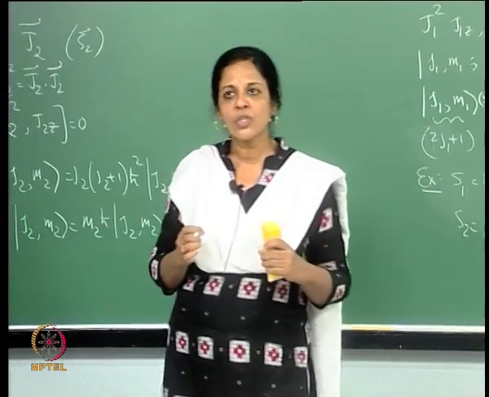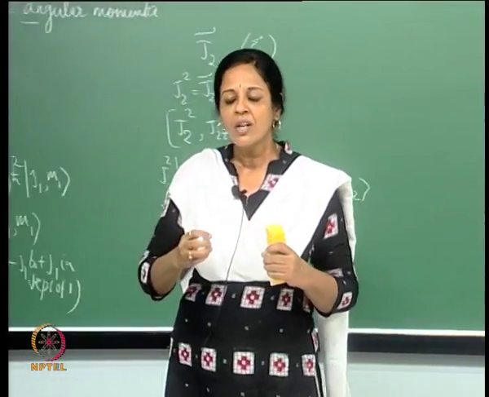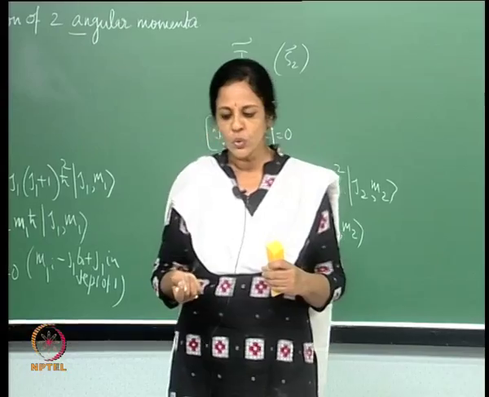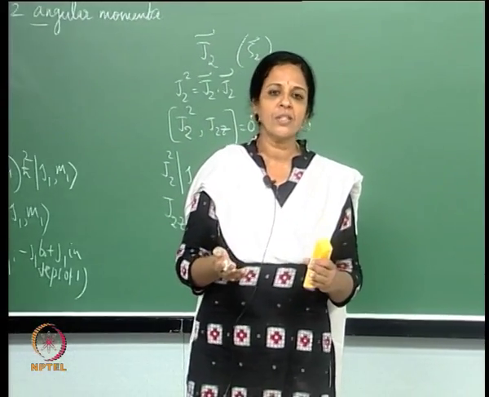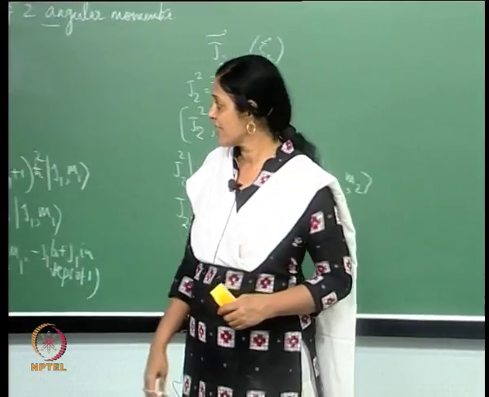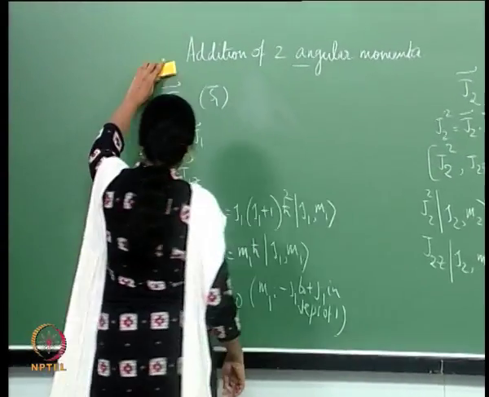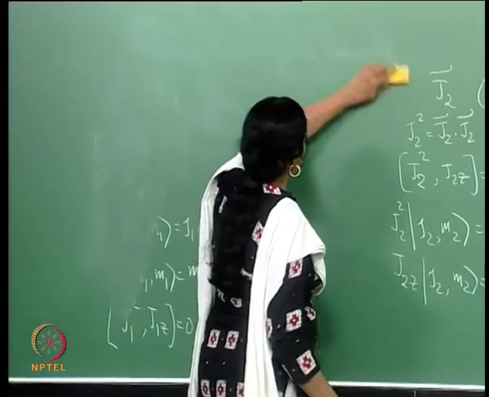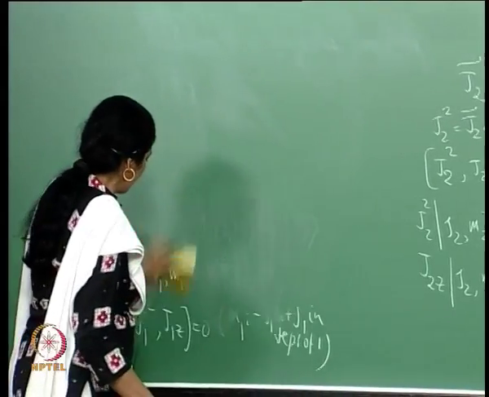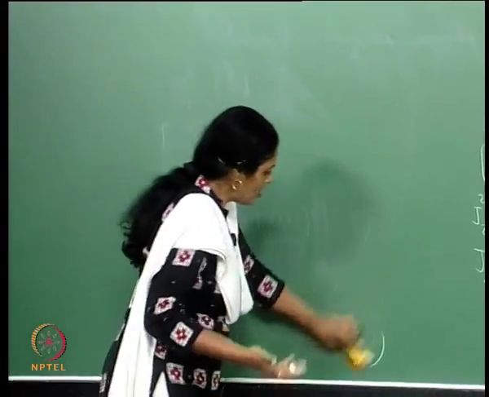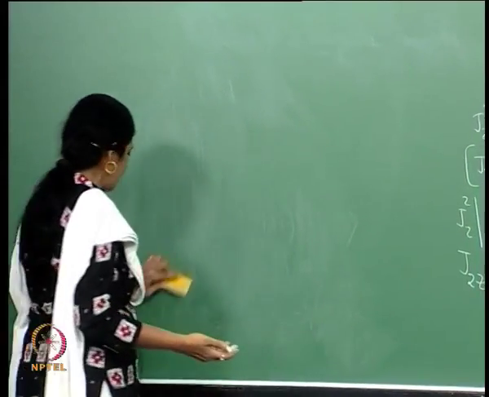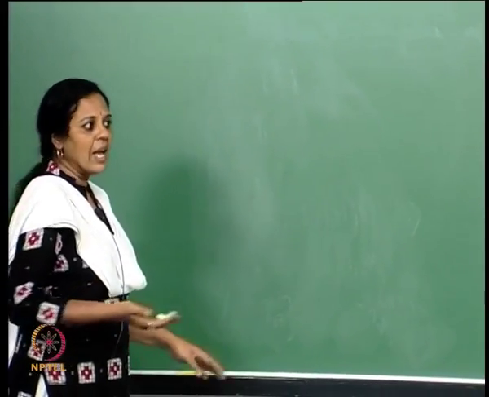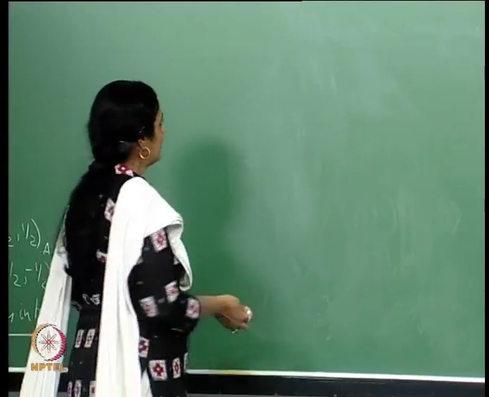The eigenvalues corresponding to J1 and J2 may not be the good labels to use, and in fact, they need not be conserved quantities because of the interaction. And therefore, it would be more sensible to look at the composite system in terms of the total angular momentum of the composite system and its third component and anything else it commutes with.